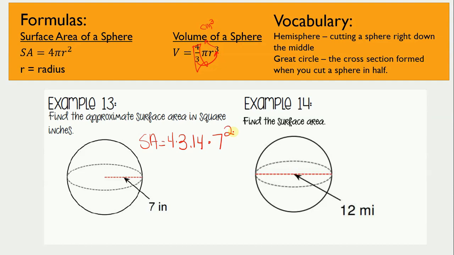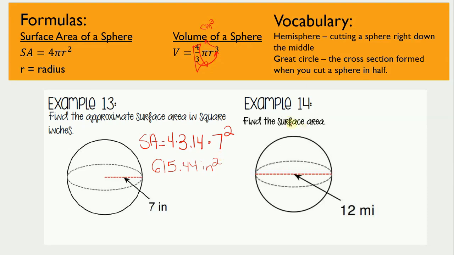That can go directly into your calculator. So I can go 4 times 3.14 times 7 squared, which is just 49. So my surface area of my sphere here is 615.44, and that's inches squared because we're still just doing surface area.